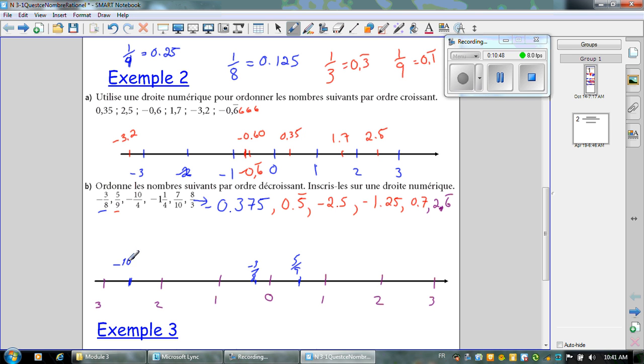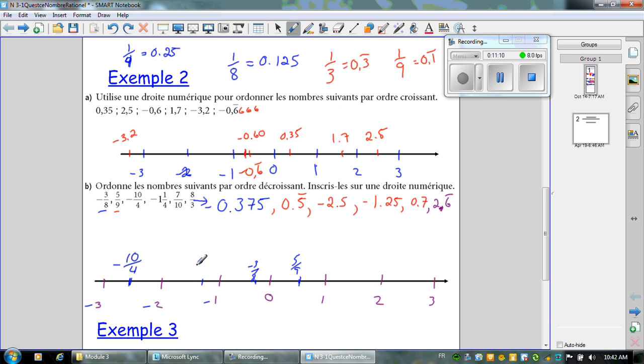Negative $2.50 would be around here. So this one is 10 quarters, the third one. Then negative 1.25, just about a quarter of the way after -1. These are all negatives, I forgot my negatives.